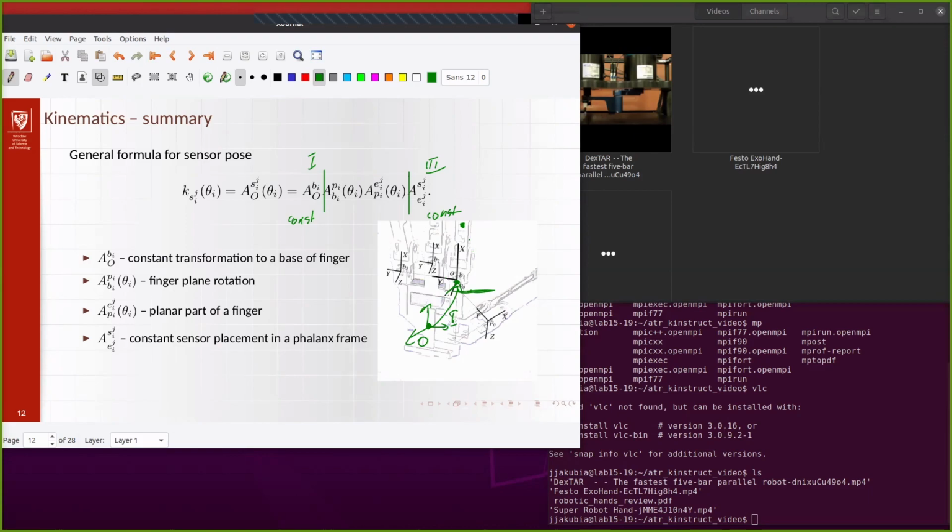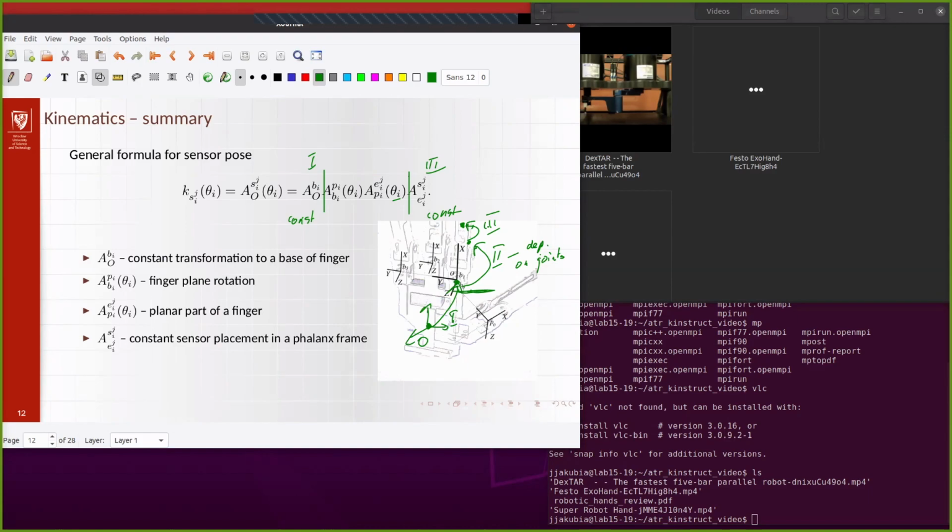Then we will have a second part of the transformation, which is a transformation until the beginning of the last joint. That's the second, and this one is dependent on the joints. And the third one is again a fixed, constant part, that says how our point of interest is located with respect to the beginning of the link.